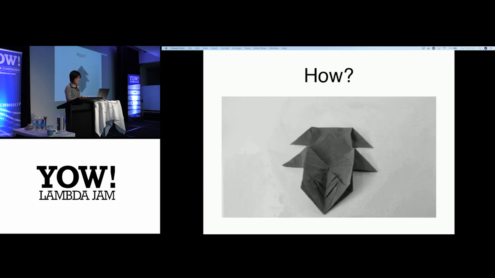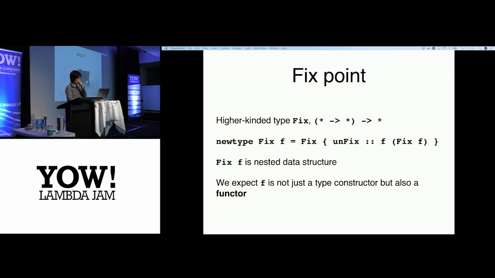The idea is surprisingly simple. It uses a higher kinded type called Fix. Here it is, Fix, because it is a higher kinded type, that means F is a type constructor. What does it mean? It means that I can apply the type Fix to this type constructor F, such that I can make Fix of F a nested data structure.